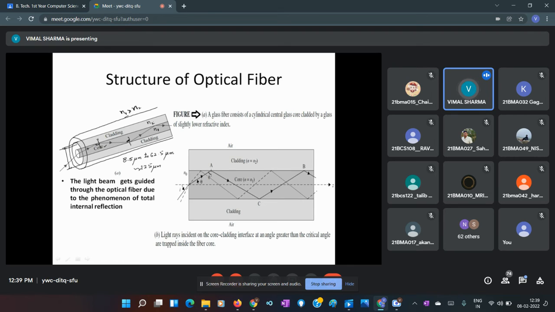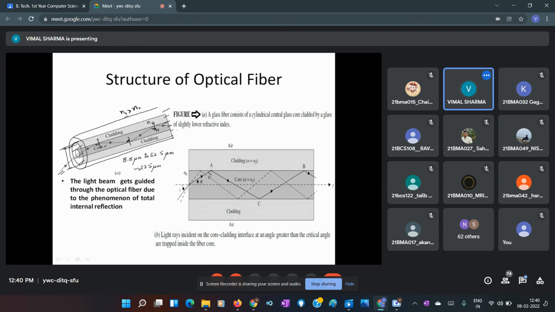So every time it strikes the core cladding interface, it strikes at the same angle for a given ray. So then it propagates through multiple total internal reflections from one end of the optical fiber to the other end of the optical fiber. Okay, so this is how light propagates through the optical fiber.